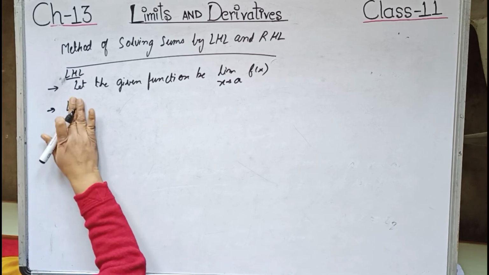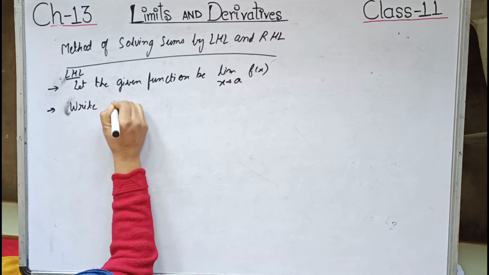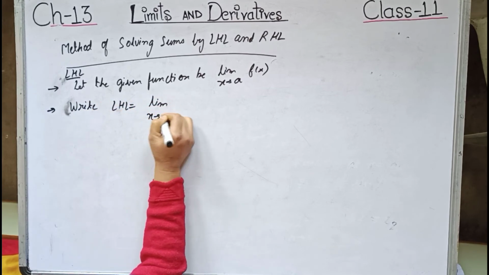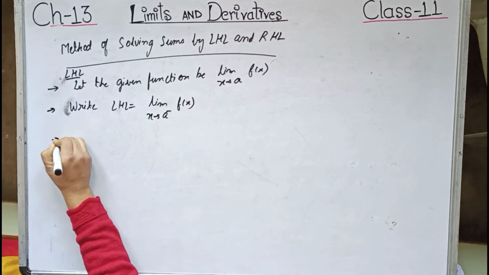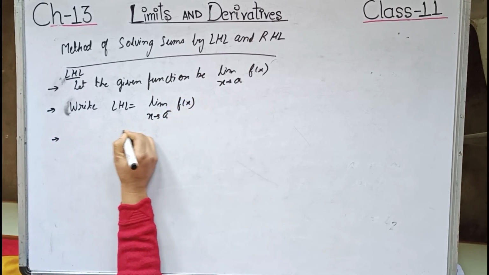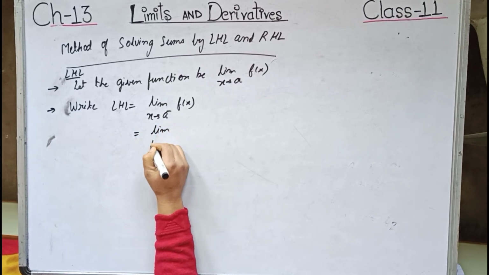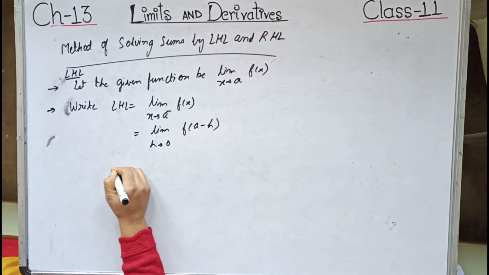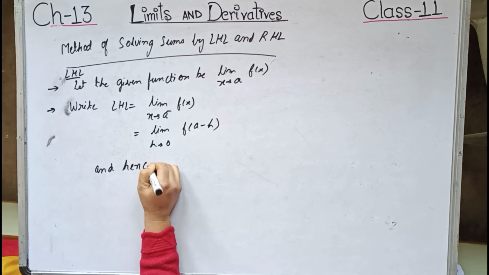Now write LHL equals limit x tending to a minus f(x) equals limit h tending to 0 f(a minus h), and hence solve.